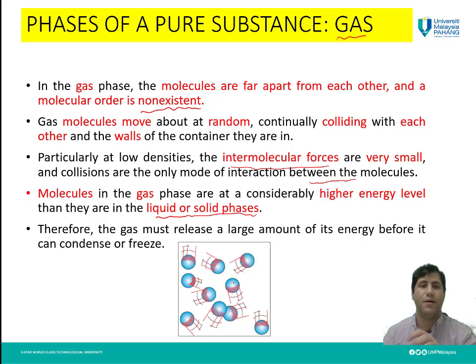To change from gas to liquid, we let them rotate around each other. This means we need to absorb energy from them. A high amount of energy should be absorbed from the gas to change its phase to liquid or solid, and this was just illustrated in the past slide.